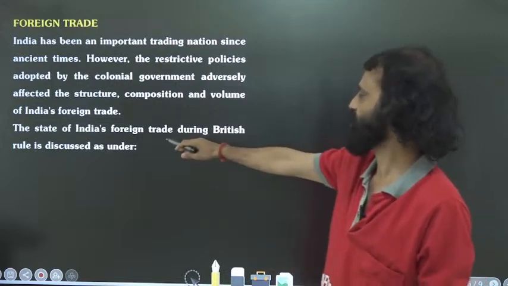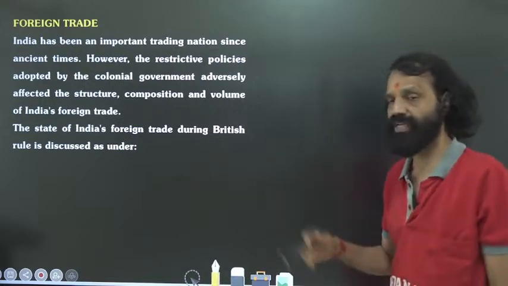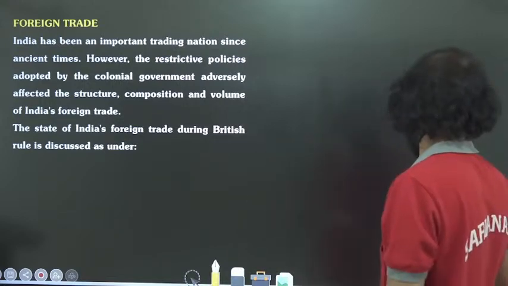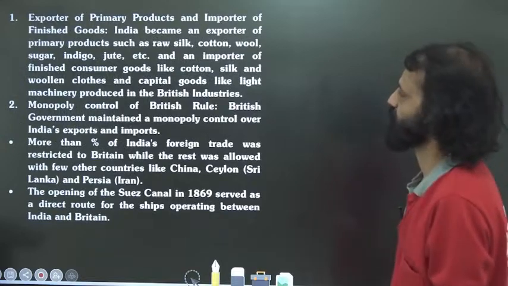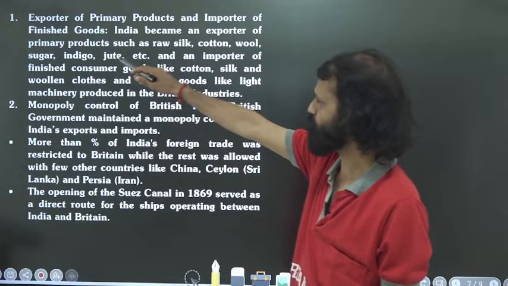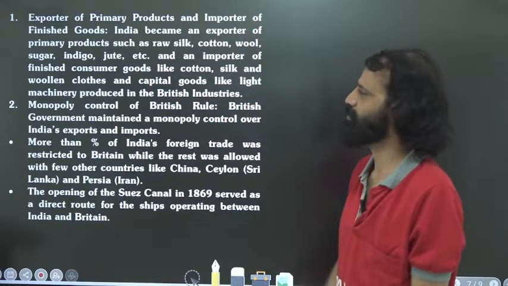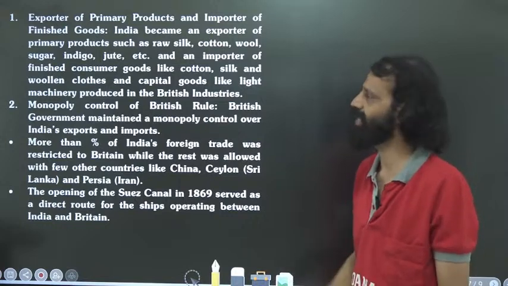The state of India's foreign trade during British rule is discussed as follows. We can see what the position of India's economy was at that time: exporter of primary products and importer of finished goods. The Britishers changed our economy like that.